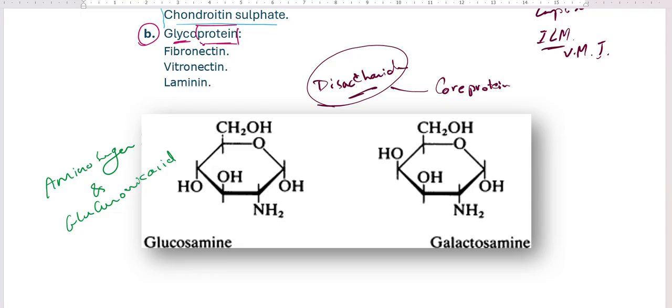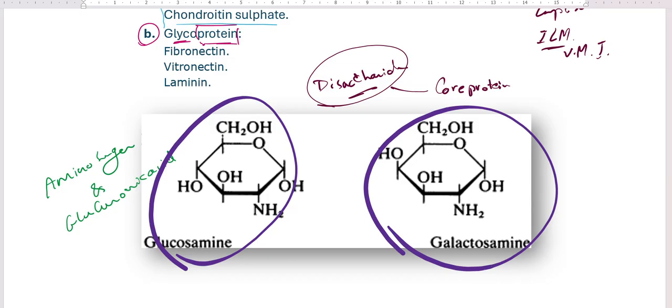So this first part is the amino sugar. It's just either glucose or galactose attached to an amine group, NH2. This is how an amino sugar is formed.